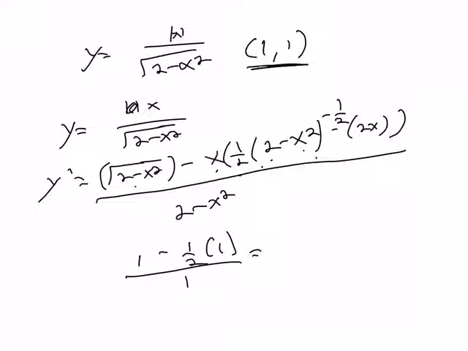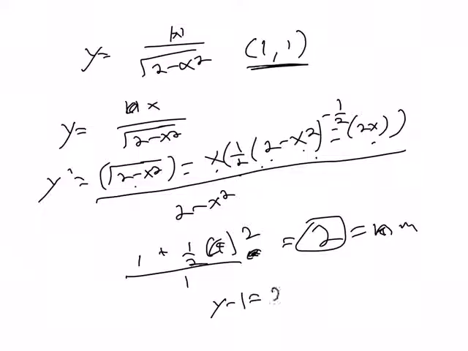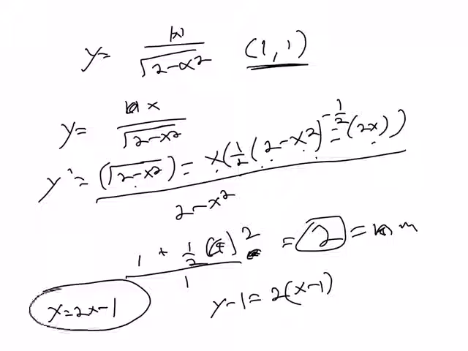This negative and this negative cancel, so that becomes plus. And then we put in a 1 over here, so we get a 2 over here, so this is going to be 2. So now our equation is y minus 1 is equal to 2 times x minus 1, y is equal to 2x minus 2 plus 1. Okay.